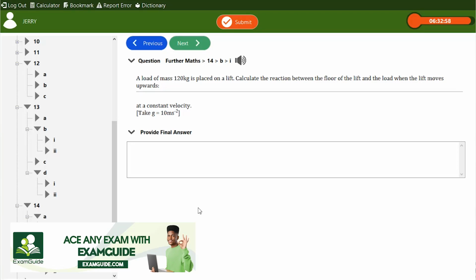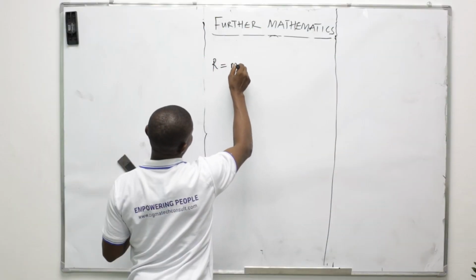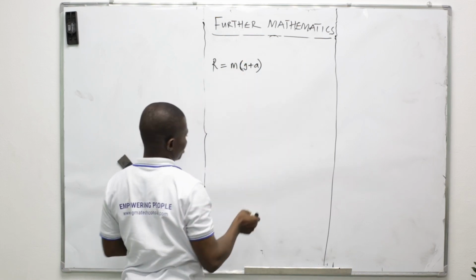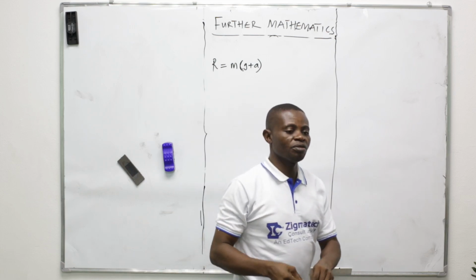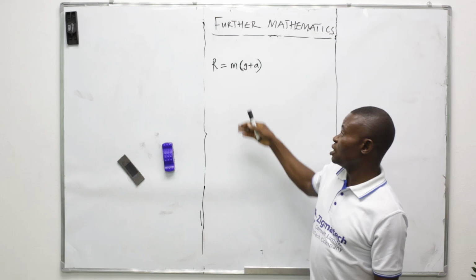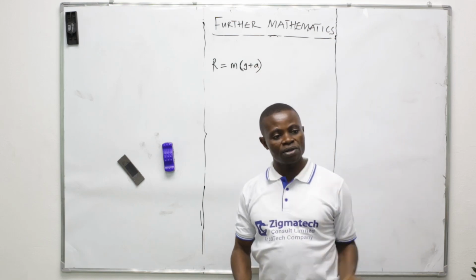Okay. Take G to be this. Our reaction equals M into G plus A. That's acceleration, that of gravity, because this time around, this thing is involving an upwards movement.